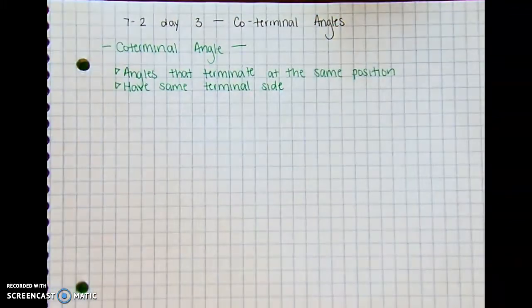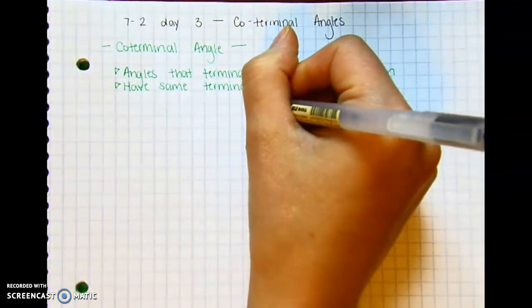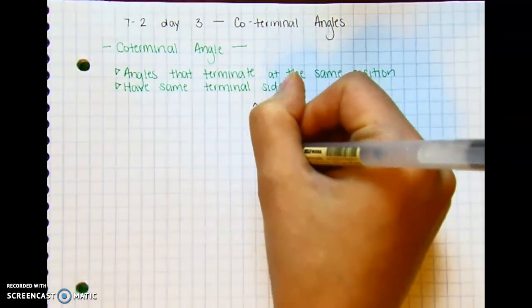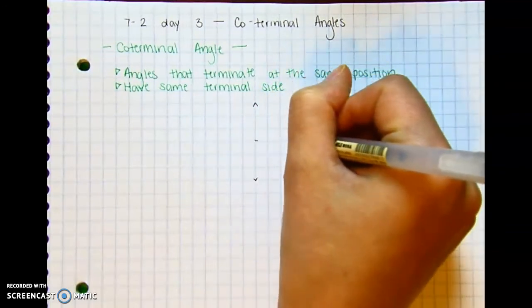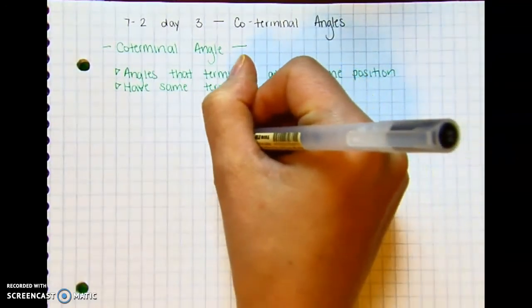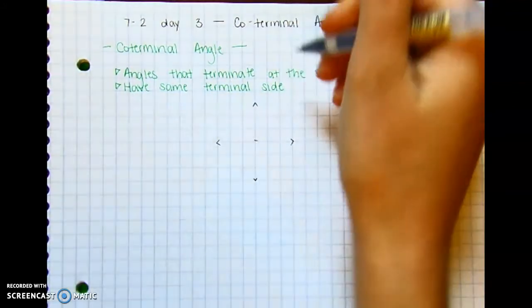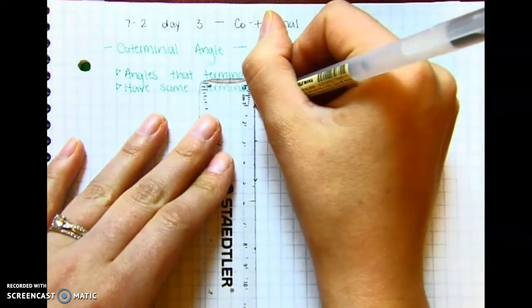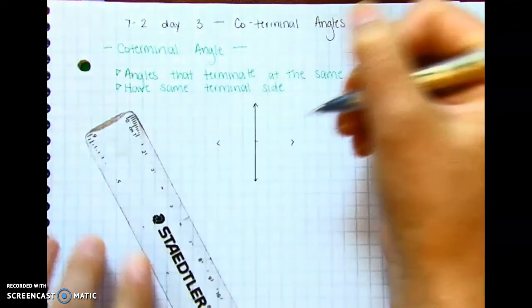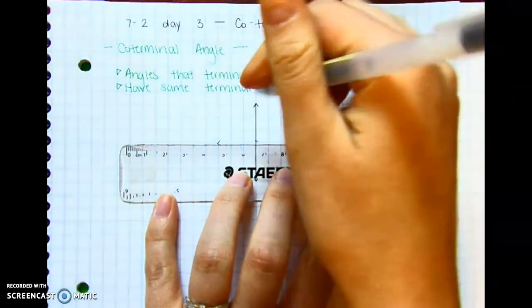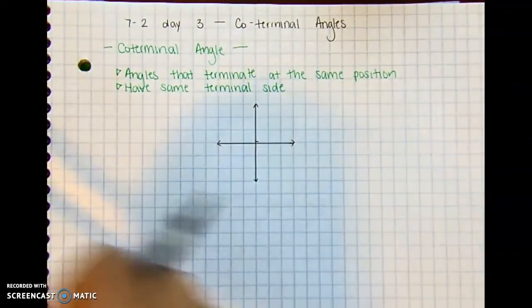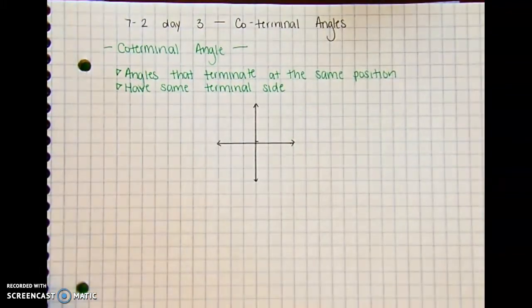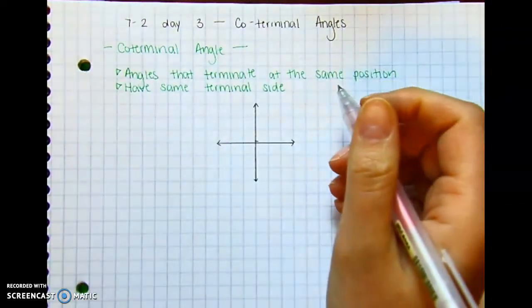So an example of this, let's make a coordinate plane. And then let's draw a 52-degree angle.